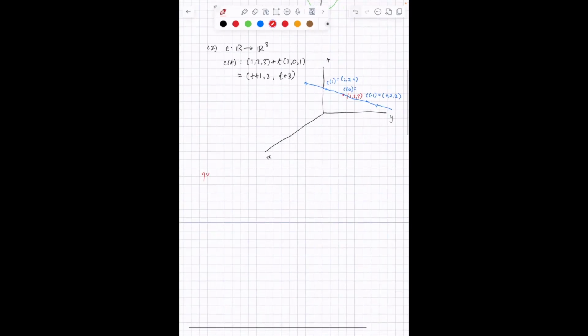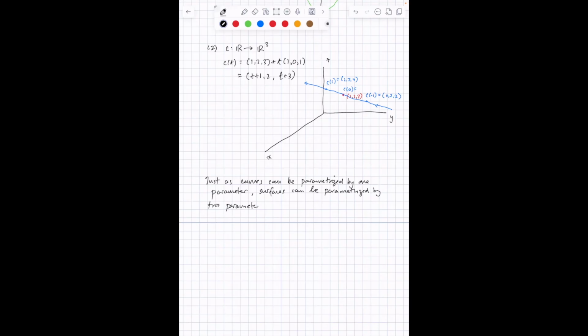So just as curves can be parametrized by one parameter, we saw the parameter earlier was t, surfaces can be parametrized by two parameters.